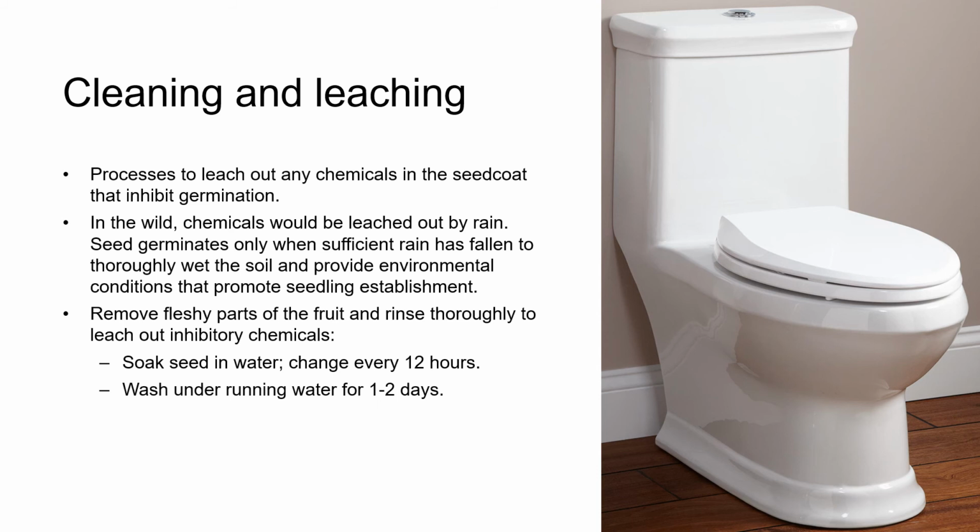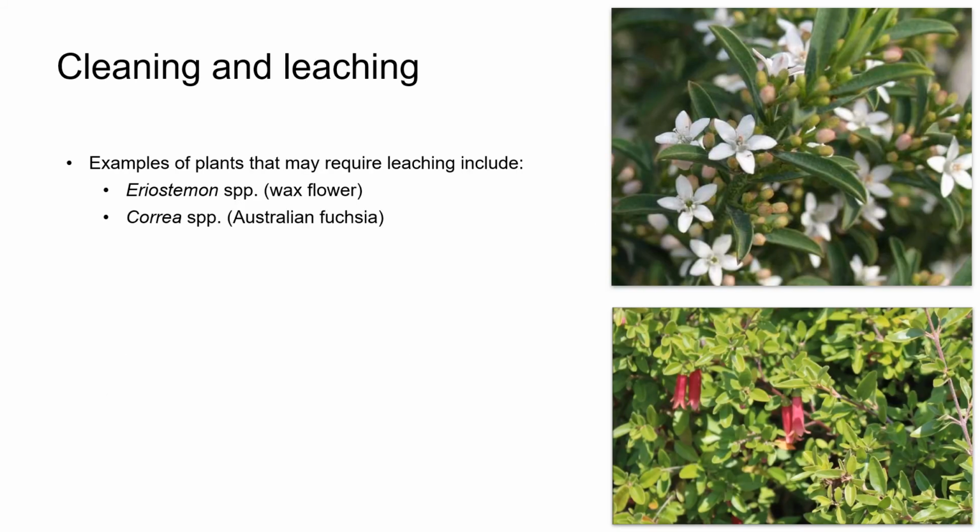I read about this method some time ago being used somewhere in Australia, and it seems like a really practical solution. So a couple of examples of plants that benefit from leaching processes include the Australian plants Eriostemon, which is waxflower and pictured on the right here, and Australian fuchsia, Correa.